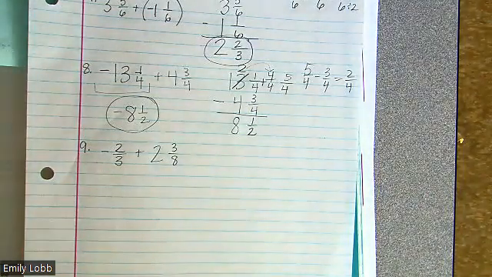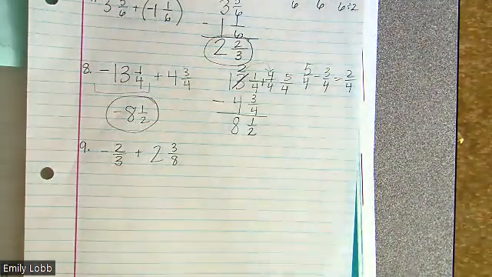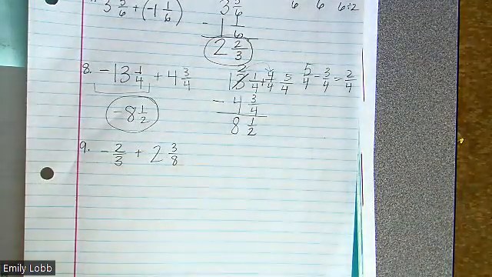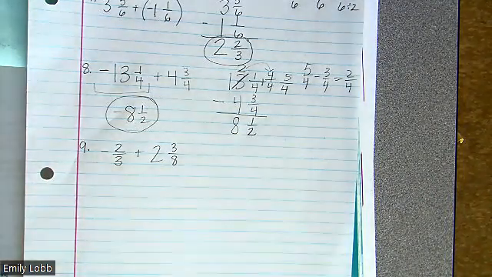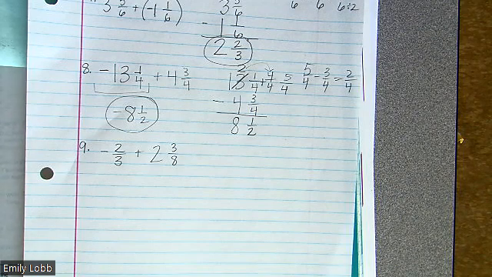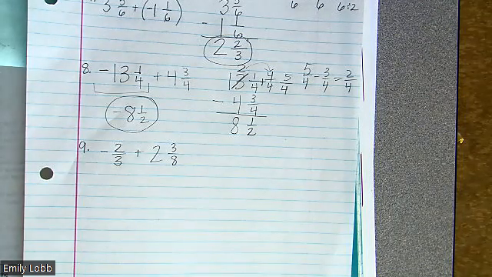Is that what you're saying? No. They are different, so we need to change them to like denominators. You're right. How are we going to change them to like denominators? Multiply. Yes, we could multiply them by each other.